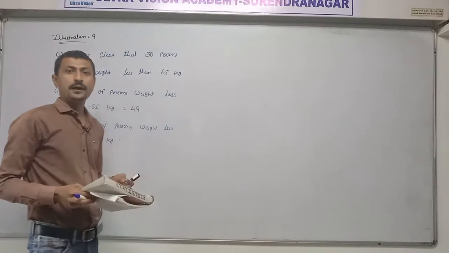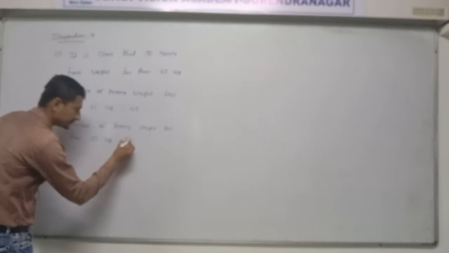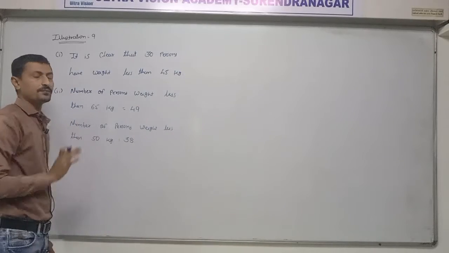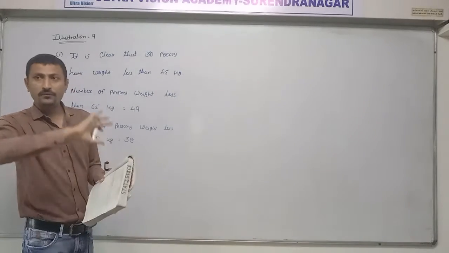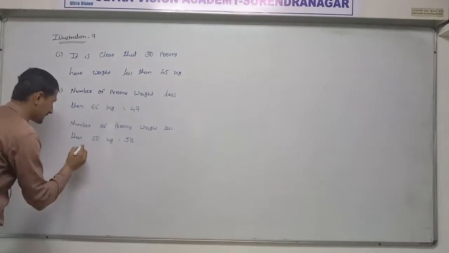So 38 persons have weight less than 50 kg. So the difference between 65 kg and 50 kg gives the persons between 50 and 65 kg, which is 11. So write down the number of persons.